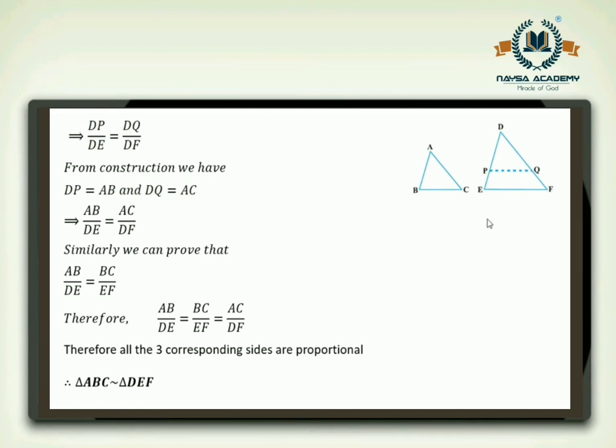So we got that AB upon DE equal to AC upon DF. In the same way, we can prove that AB upon DE equal to BC upon EF, and hence we can prove that all the 3 pairs of corresponding sides are in equal ratio. And hence I will say that triangle ABC and triangle DEF are similar. So this is called the AAA criteria of similarity.